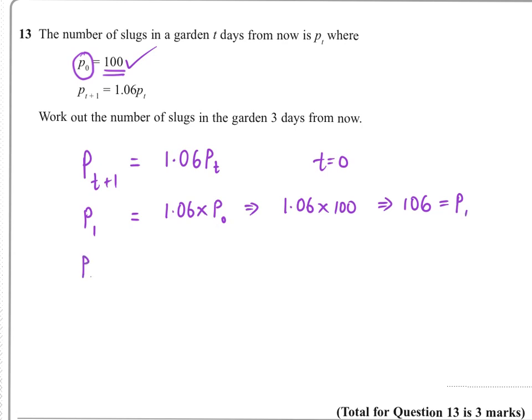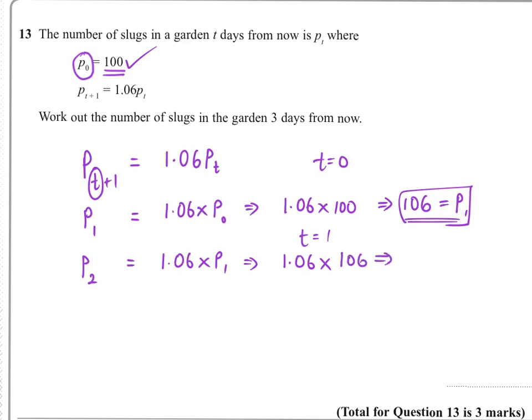So if we want P2, we just set T to be 1 now. So P subscript 2 will be 1.06 times P1, and that's given. Well, it's not so much given, we've found it, so we can use that. I'm going to use my calculator here. So I've got 1.06 times 106, and that gives me 112.36.